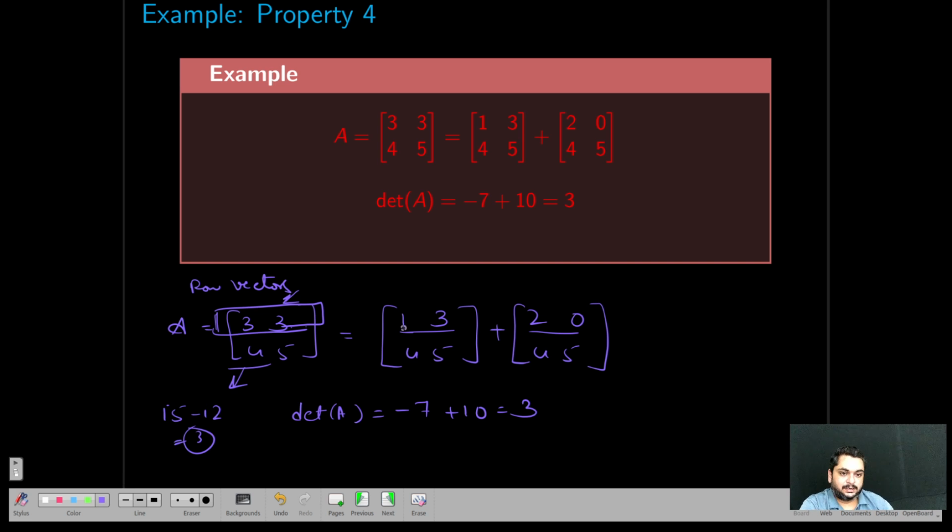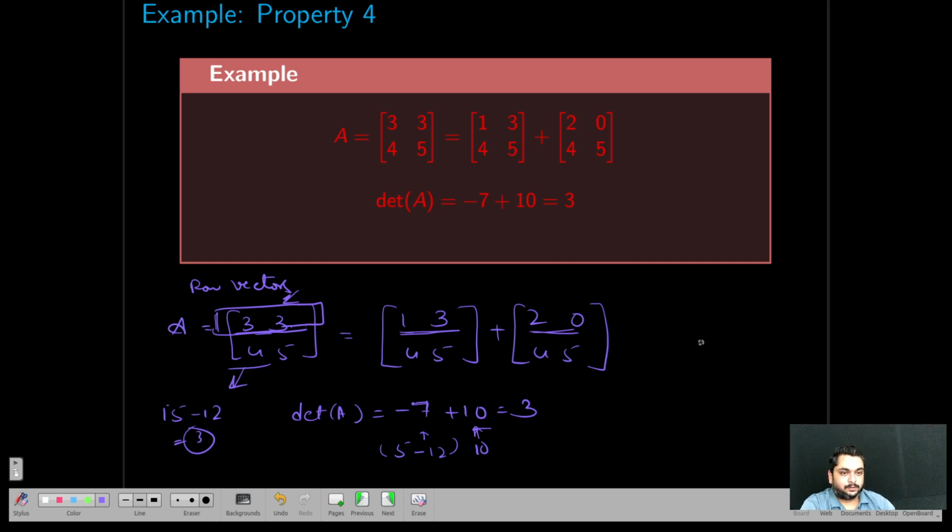But using this linear property of a row, adding two row vectors will give me the A vector for this matrix. Then the determinant of A is 5 minus 12, which is minus 7. Then 10 minus 0 is 10. This is what I am getting.